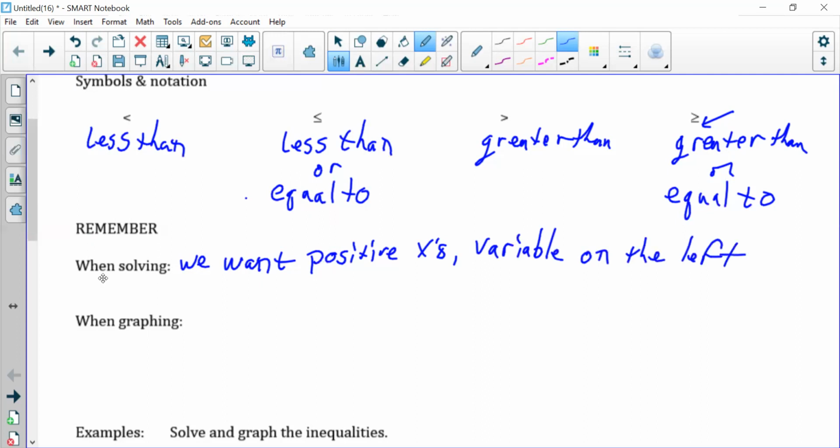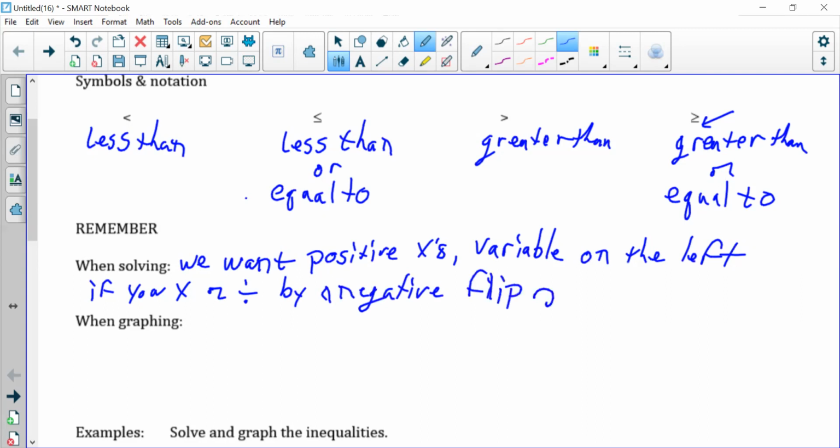Last thing to remember is if you multiply or divide by a negative, you want to flip the operator.